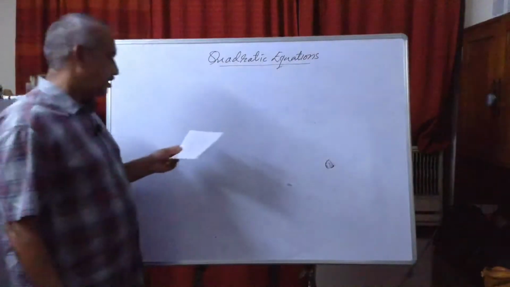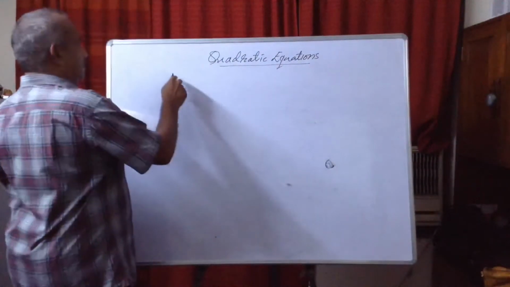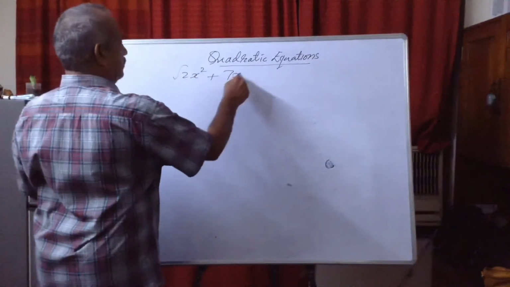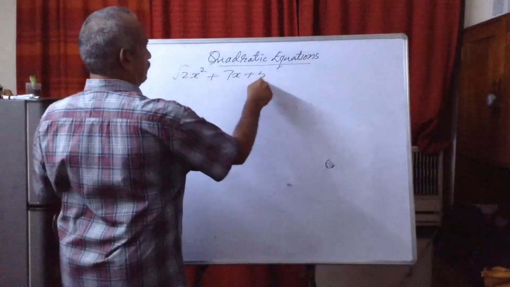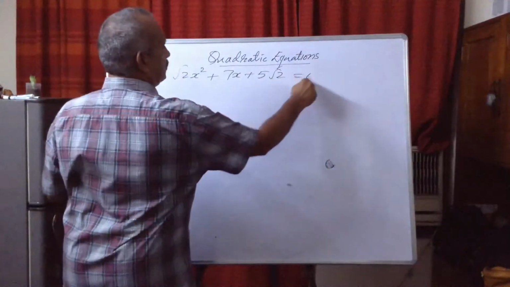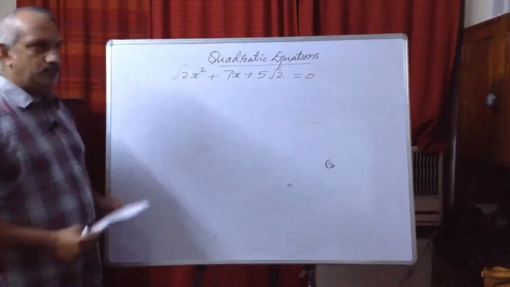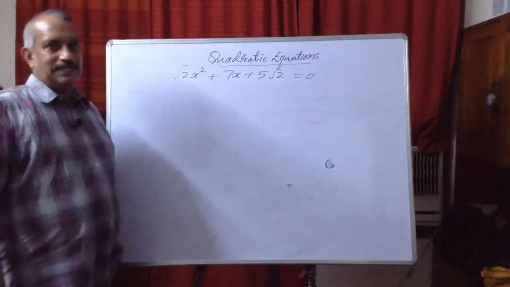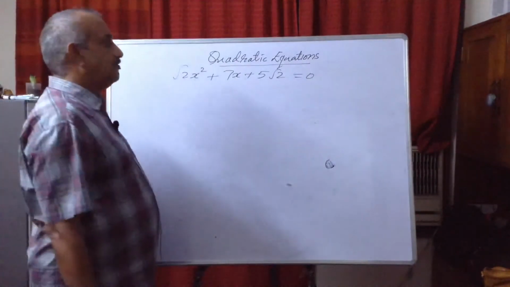So first one, see, root 2 x square plus 7x plus 5 root 2 is equal to 0. Now the question is to solve this one. If the question is solve, then you can use the quadratic formula or you can do factorization.